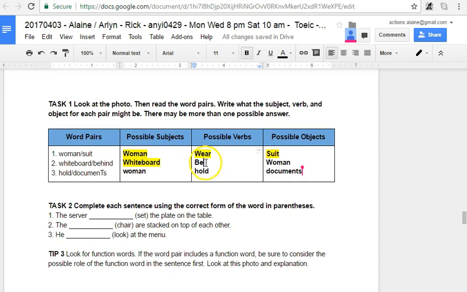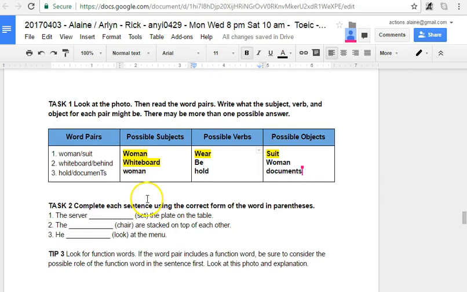So the possible verb would be... so it should be behind. I think behind is a preposition. Behind is a preposition, yes.